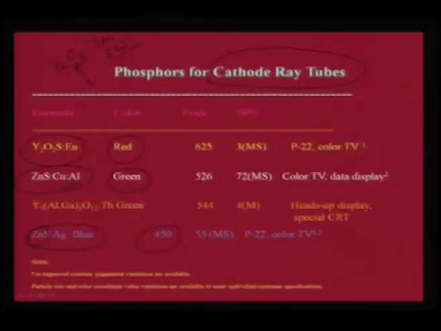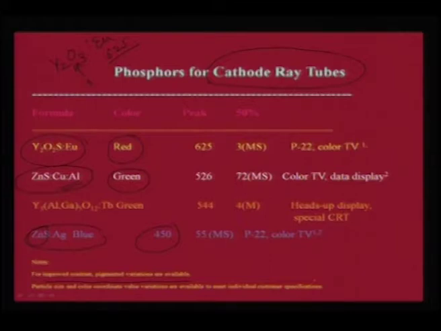The red is always unique to yttrium oxysulfide. So, for improved contrast we have pigmented variations available. I will come to this in one of the slides, and then particle size and color coordinate variations are available to meet individual customer specification.